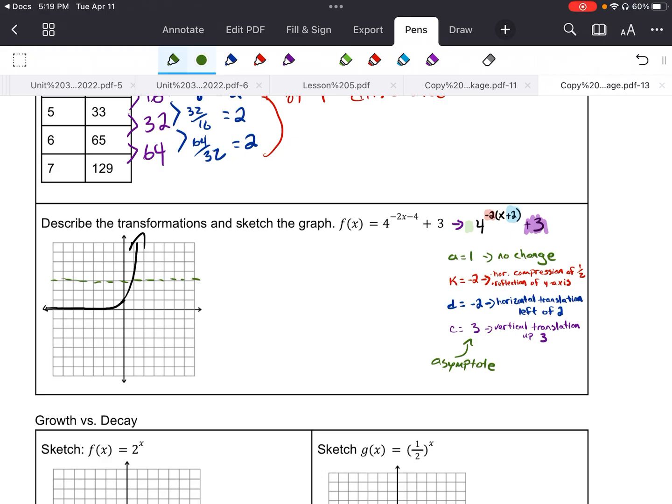Okay, so our key points, because it's a base 4, we're going to have -1, 1/4, 0, 1, and 1, 4. I'm not going to write out the whole mapping rule, but we can just work with it. So it's 1/k to begin. Our k value is -2, so 1/-2 times x, so -1/2 times -1 is half, plus our d value, which is -2.